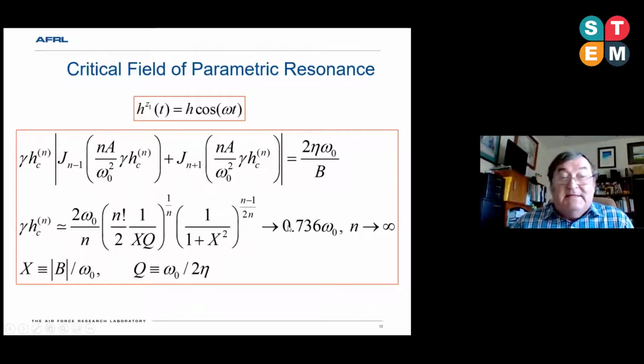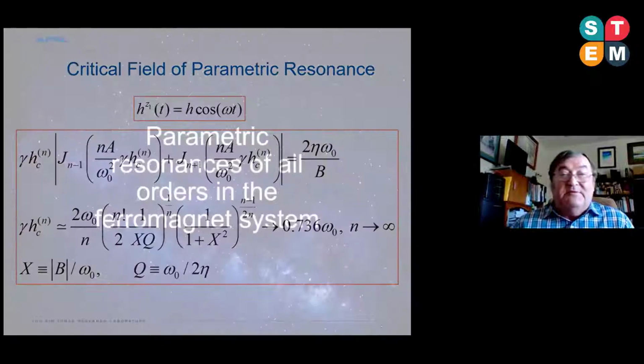We see that we have a finite threshold even as n goes to infinity. So we can use very low frequencies with high amplitudes to excite parametric resonance in the ferromagnetic grain.